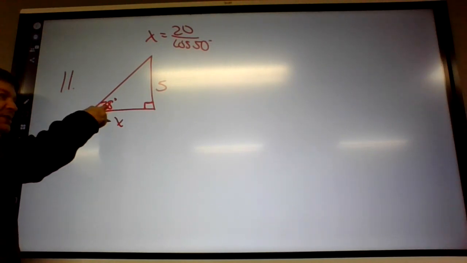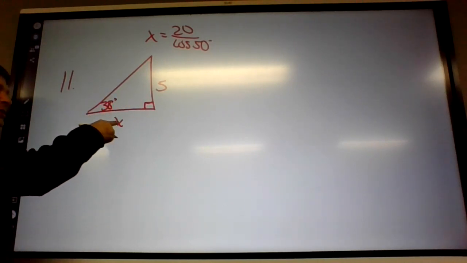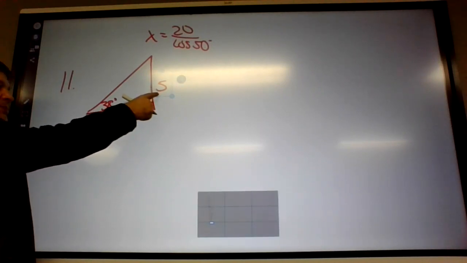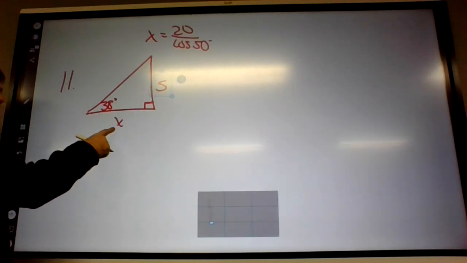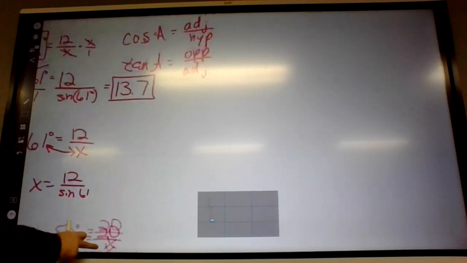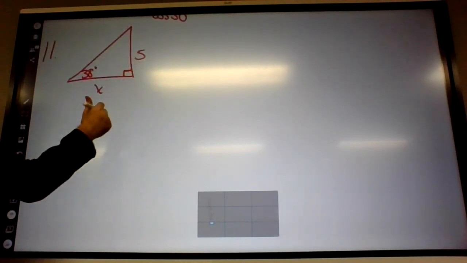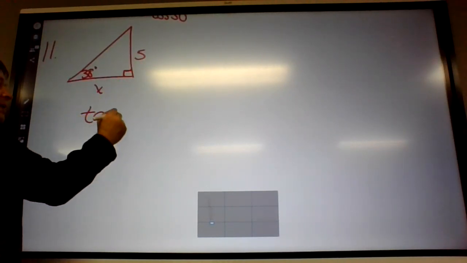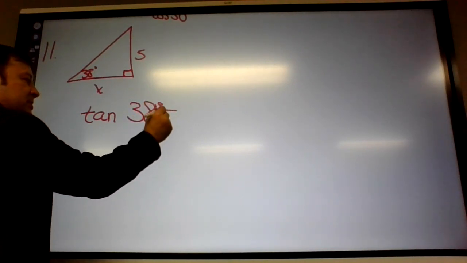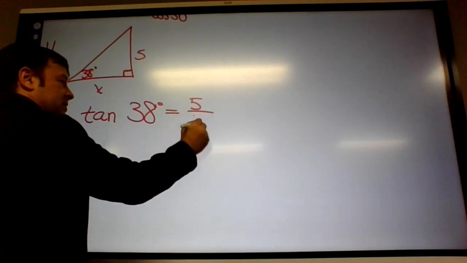Okay, relative to this angle, we need the side we're looking for and the side we already have. So what's this side called? Opposite. And adjacent. Which trig function uses opposite and adjacent? Tangent. So it's tangent of the angle, 38 degrees, equals opposite over adjacent.